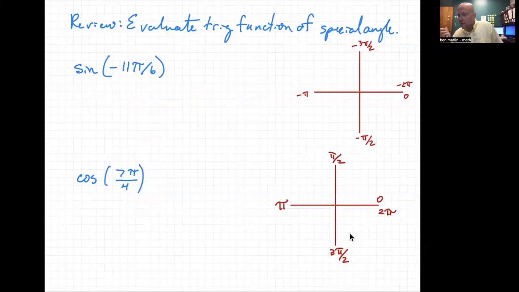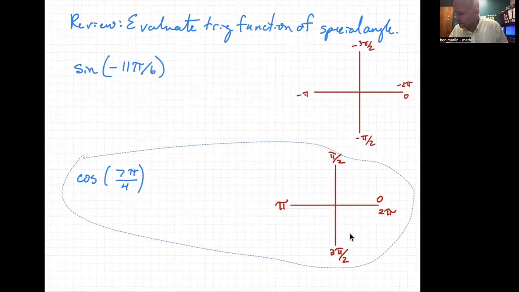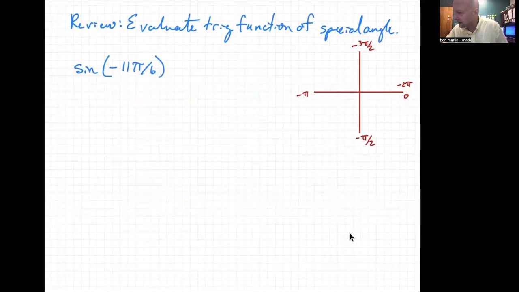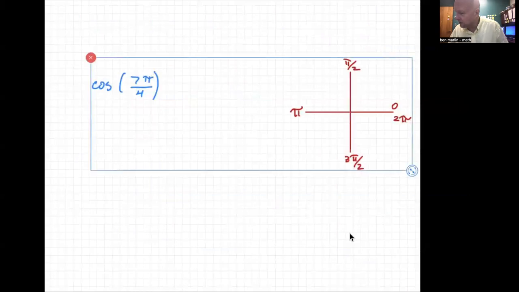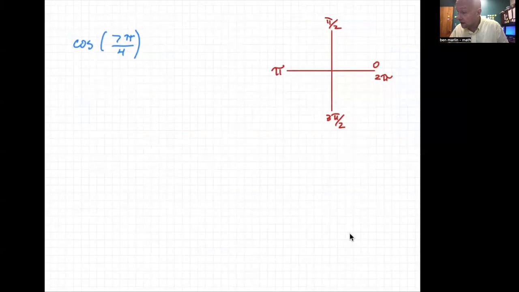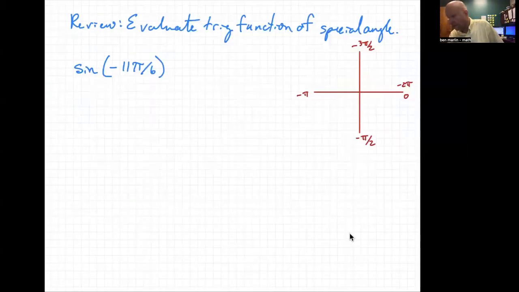Then let's go ahead and review getting the solution to a basic trig function that has a special angle on it. Okay, we're evaluating a trig function of a special angle.